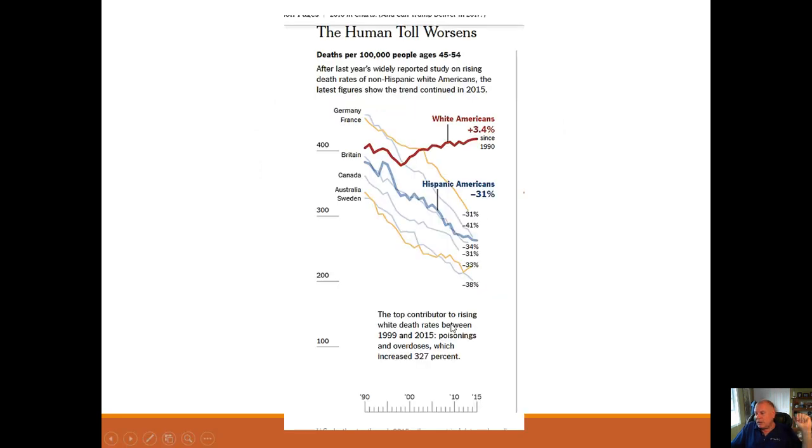This one is, again, a scary thing. We look at different countries, and then we look at people ages 45 to 54, and we have seen the death rate in white Americans go up 3.4. Hispanic Americans down 31. When we look at France, down 31. We look at Germany, down. Every other country's death rate is declining except for white.